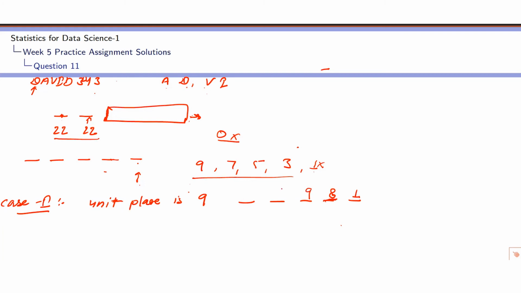So it can be filled in 9 ways, this again in 9 ways, and this again in 9 ways. So if the unit place is 9, then the number of odd numbers will be 9 into 9 into 9 into 8.